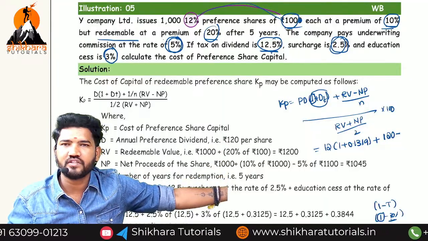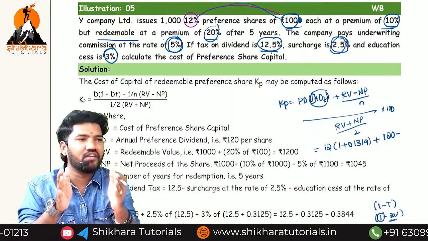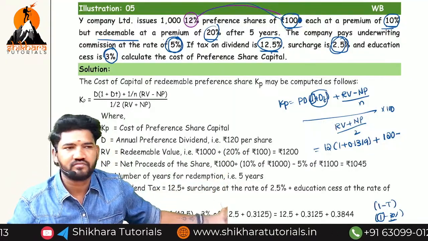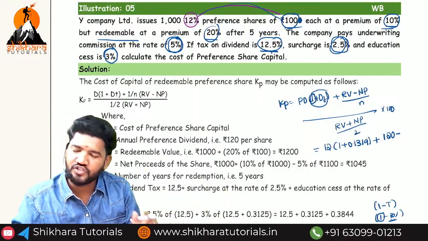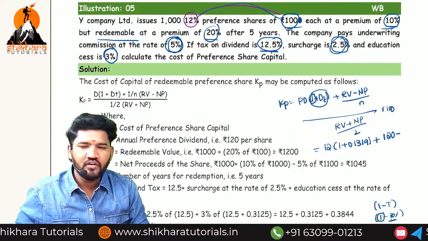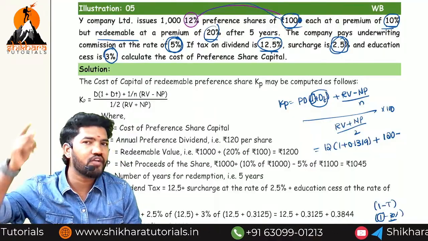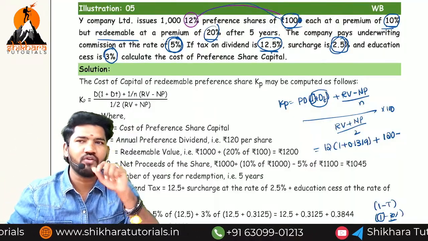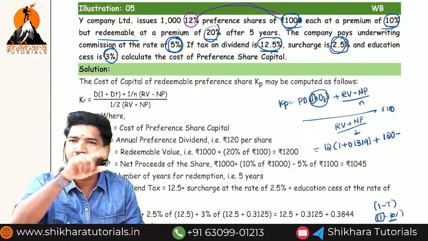Are you guys clear? You have to learn this one also. But the important thing is this: we have to apply underwriting commission on what value? Issue price only. If you are the underwriter, on which value would you ask the percentage, higher or lower? Higher value only, common sense. What is the higher value, face value or premium?